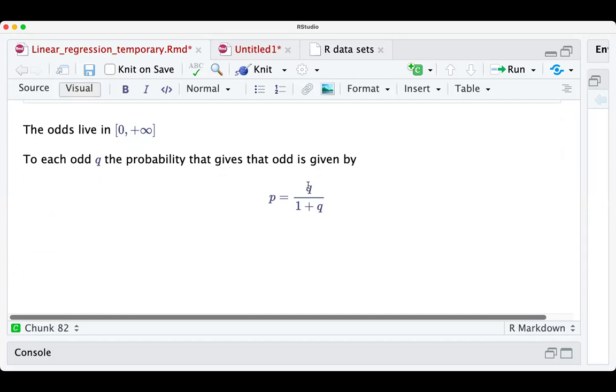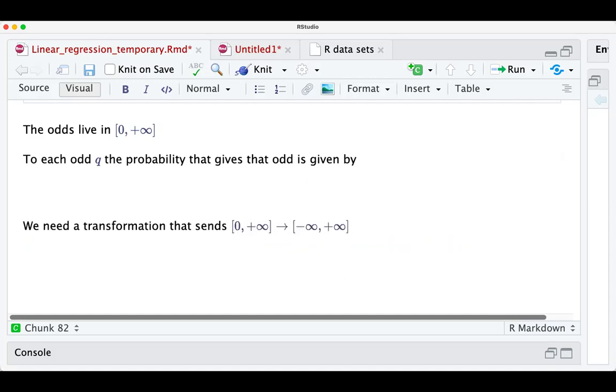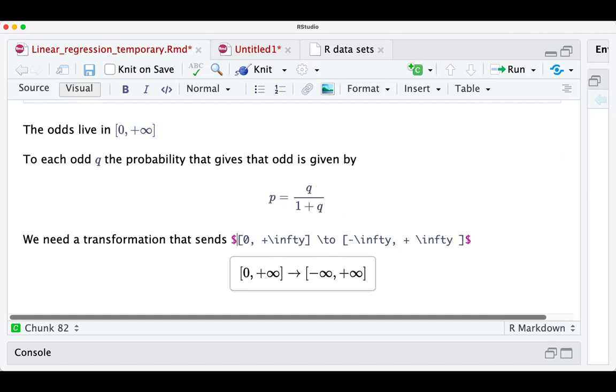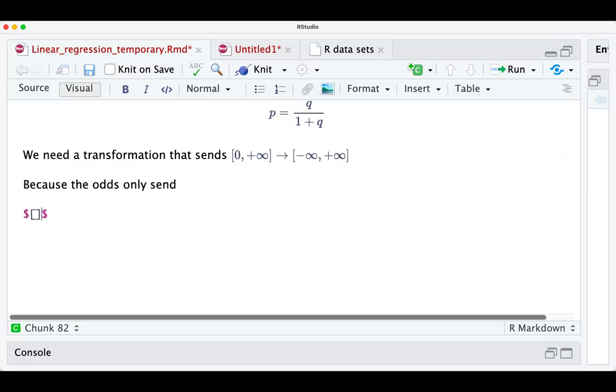So we need a transformation that sends the positives to the whole line, that sends 0 to plus infinity to minus infinity to plus infinity, because the odds only send 0, 1 to 0 to plus infinity.